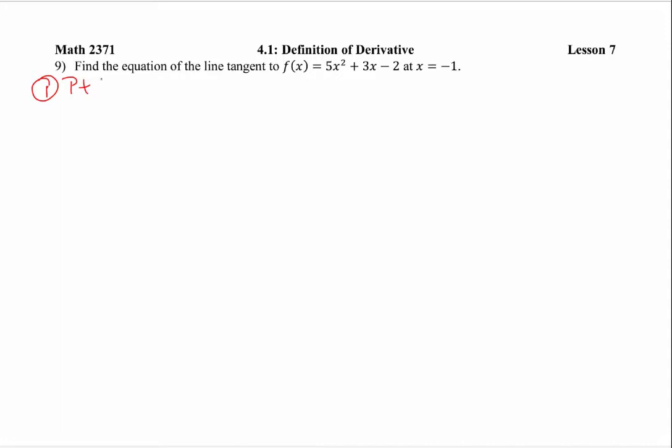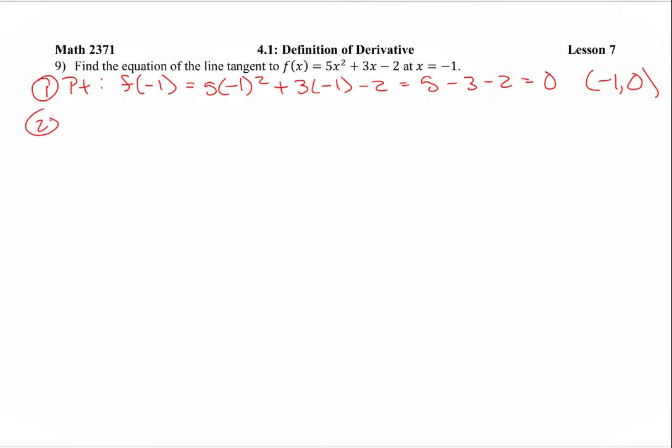That means find f of negative 1. So that is 5 times negative 1 squared plus 3 times negative 1 minus 2. So that's 5 minus 3 minus 2, so that's 0. So I have the point negative 1, 0.